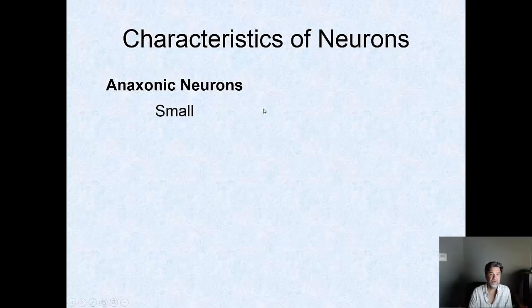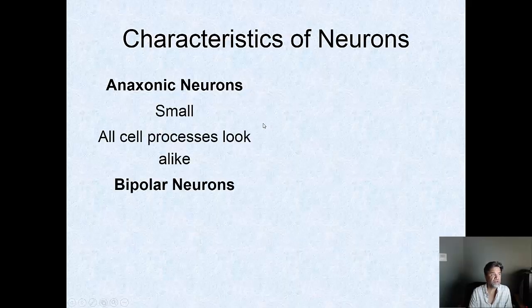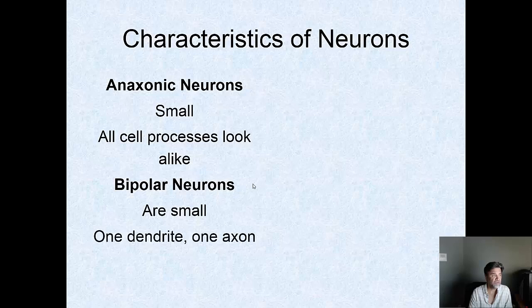So anaxonic neurons, typically small, they all look alike, all the cell processes. There's not an axon. Enough with that one. Bipolar neurons are, once again, small, one dendrite, one axon. The cell body is located in the center, and each one projects from the cell body.